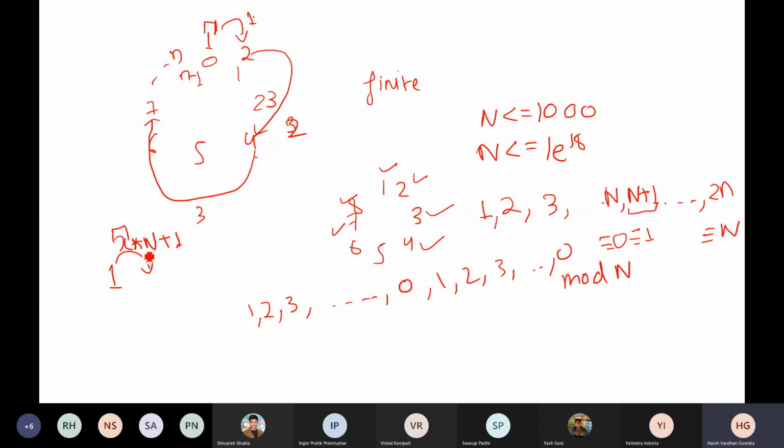So when will this happen? After moving x into n, I come back to 1. It will happen when I have moved by a distance that is a multiple of n. So write the distances as 1, 2, 3, up to x into n.